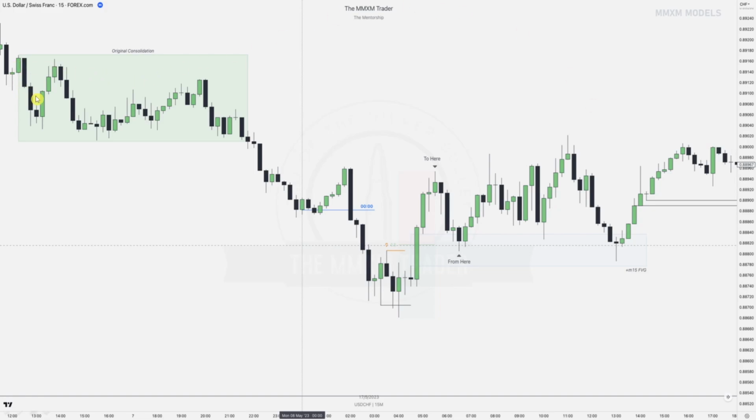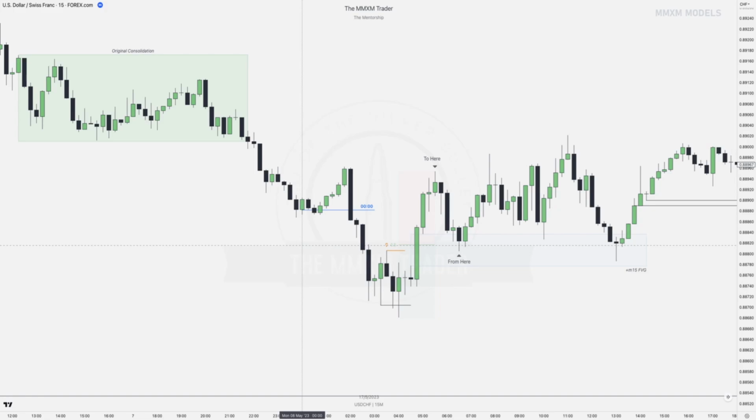And we know this is a 15-minute market maker buy model, right? But from here to here, this retracement is a form of a market maker buy model, right? Because we're hitting a higher time frame PD array, and the higher time frame in this case is the 15-minute time frame. It's all fractal, so if we dive into the 1-minute, then the 15-minute is the higher time frame, right?